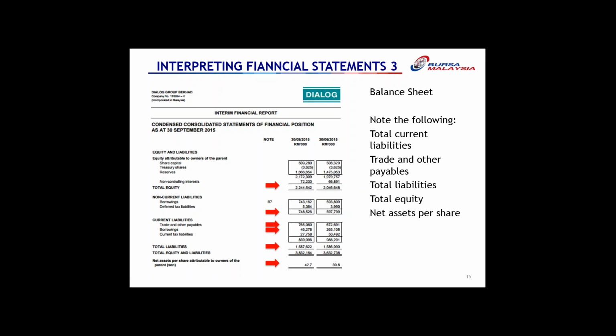And then again, you look at it, there's not much of a difference compared to the previous balance sheet. I mean, the last time the balance sheet was calculated, not the previous year, sorry, in June 2015. So there's not much of a great variance. And over here, borrowings actually increased, but on this side, current borrowings fell.